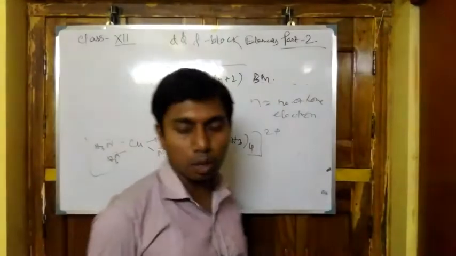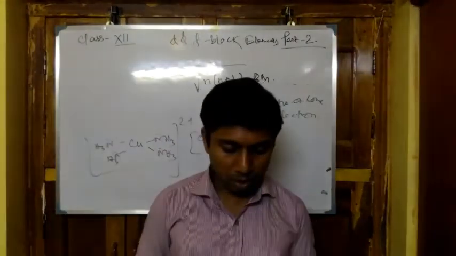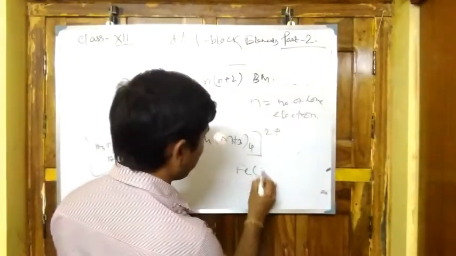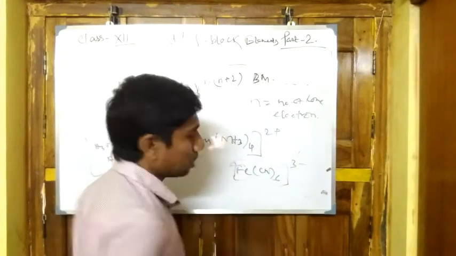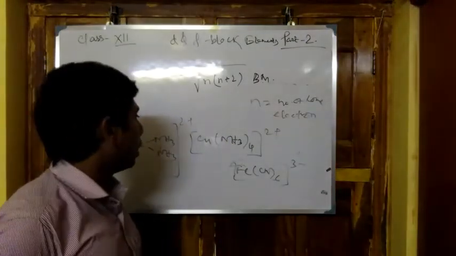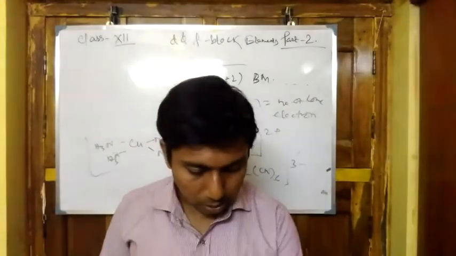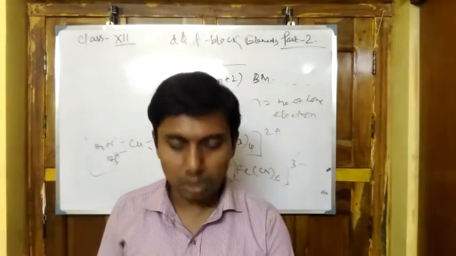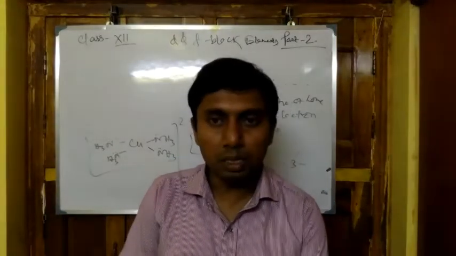This is the structure of the compound. In the same manner, Ag(NH3)2 plus, and iron ferrocyanide, Fe(CN)6 3 minus. These are examples of complex cations or complex compounds. So for the transition elements there is a huge probability of complex formation.